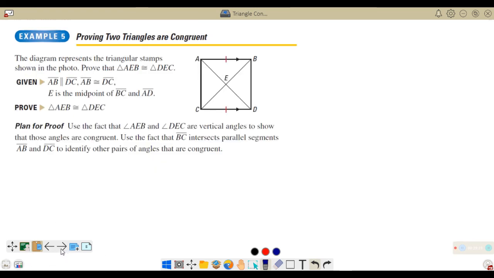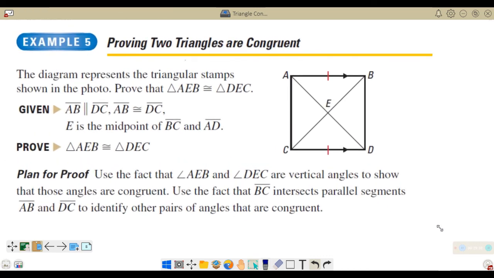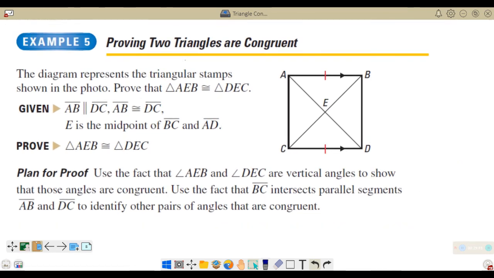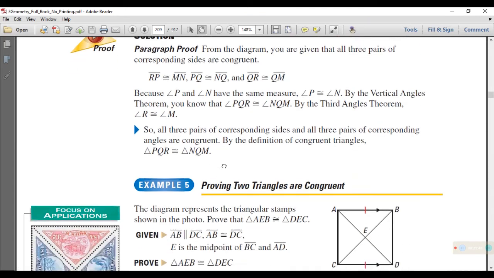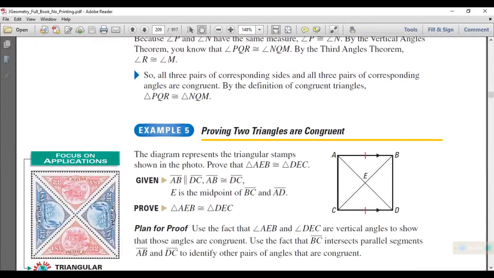Now, ayan, meron tayo ditong proving two triangles are congruent. I am not sure kung ano yung ginamit niyang outline ng proof dito, kung paragraph ba or two-column. Yan, magto-two-column proof tayo.